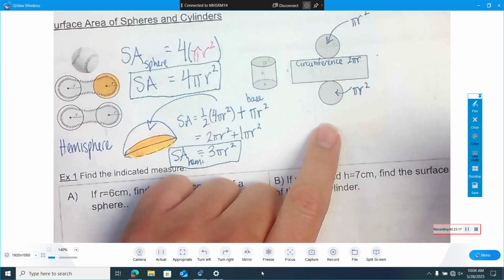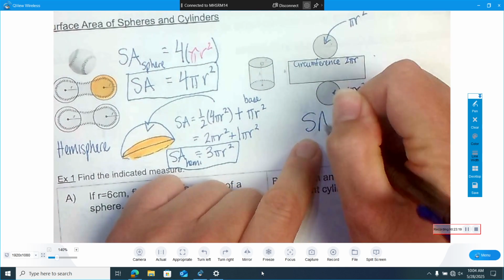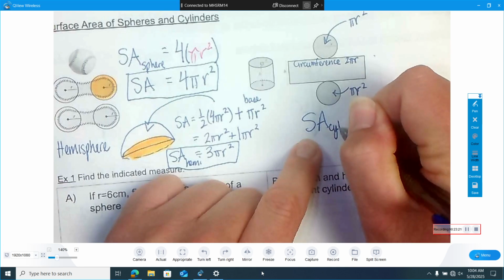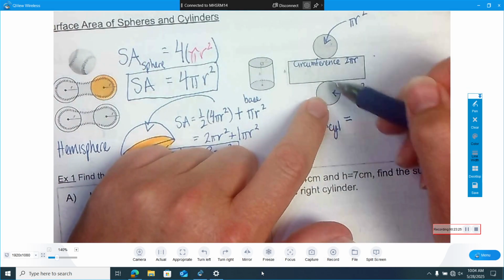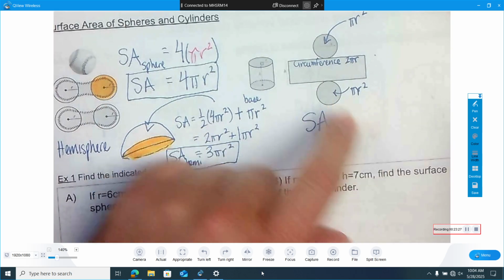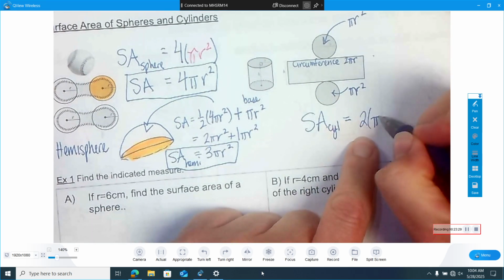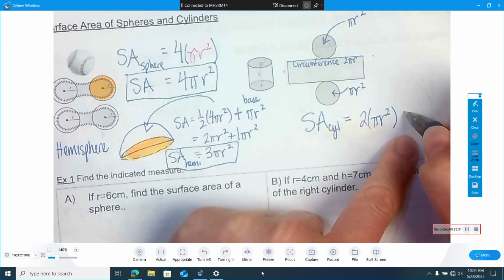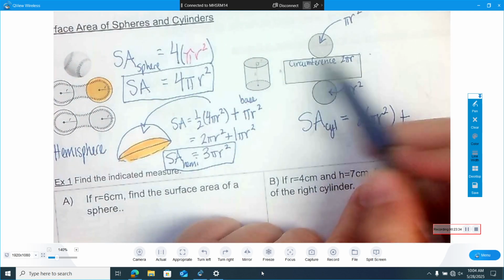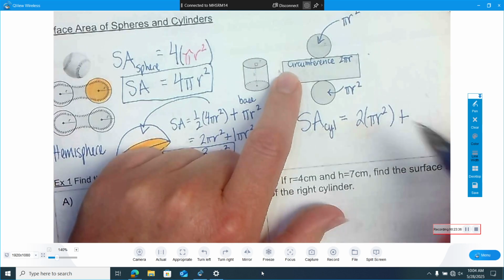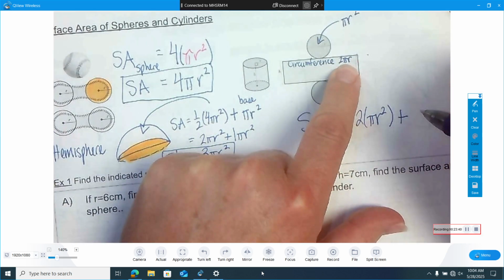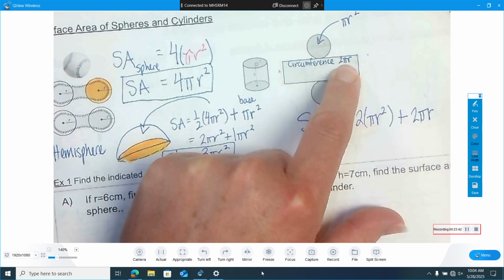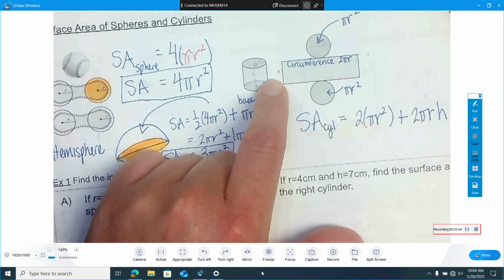It's brilliant. So if we want to find the surface area of a cylinder, it has 2 circles, so there's 2 pi r squared, plus our rectangle. The area of the rectangle is just the circumference, 2 pi r, times the height.